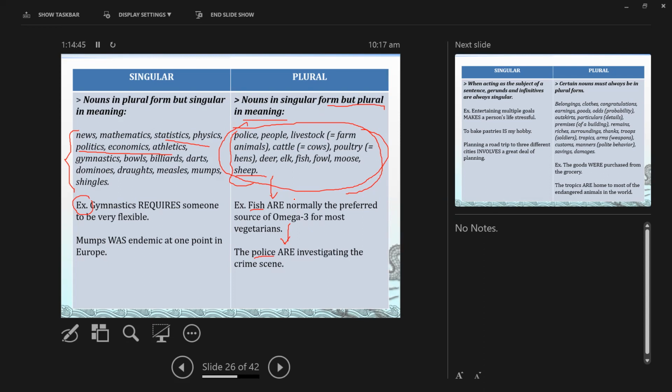Pero, she used there are. There are many people in the supermarket. It's singular. There is a person at the supermarket, right? There is a person at the supermarket. Pero, people, so there are.